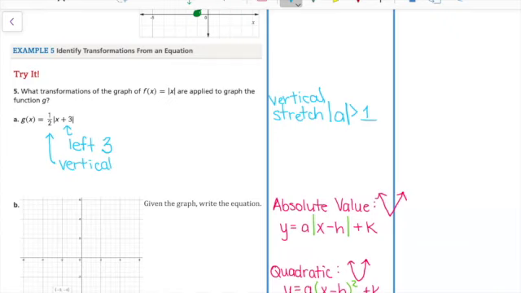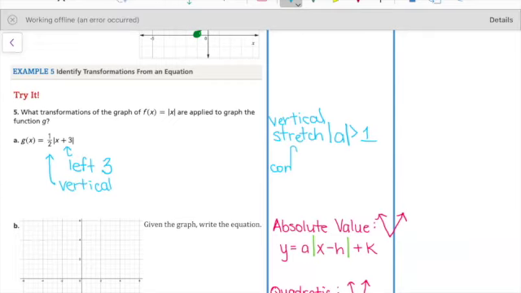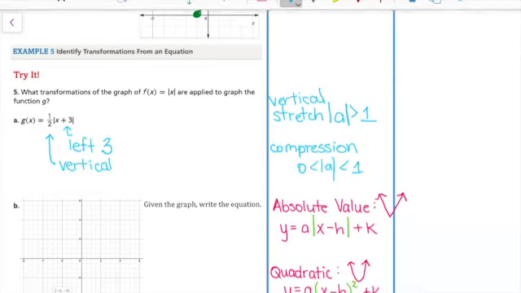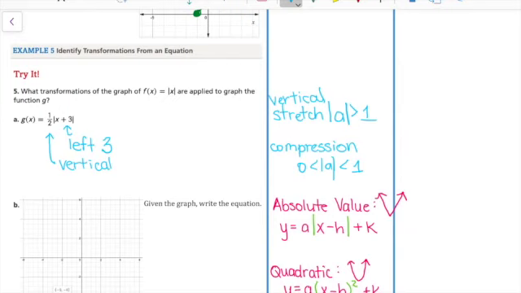But notice this is a fraction. When it is a fraction, it is called compression. And that's when it is between 0 and 1. So again, it could be negative. So like -1/2 is still a vertical compression. The difference is that the negative would make it reflect.